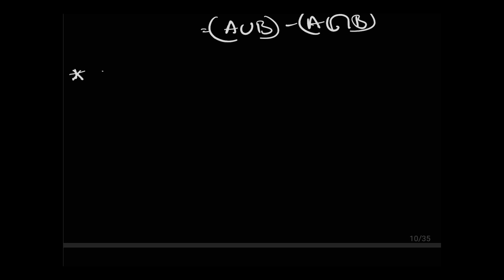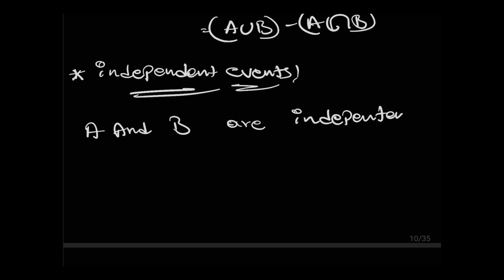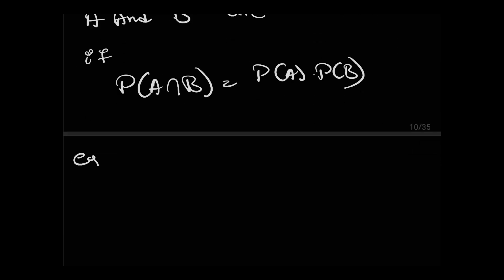Now, independent events. We say A and B are independent if probability of A intersection B is equal to probability of A into probability of B. For example, let us take that you have rolled a dice. Make the sample space.